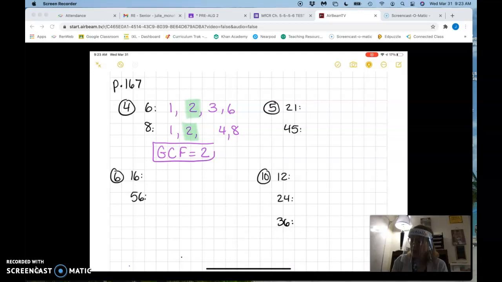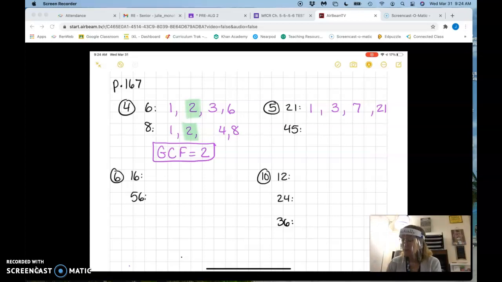So when you do these problems, I need to see all of this. Everything I'm writing, I need you to write. This is how you do the problem correctly. So what are the factors of 21? 1 and 21. 3 and 7, and that's going to be it for 21.